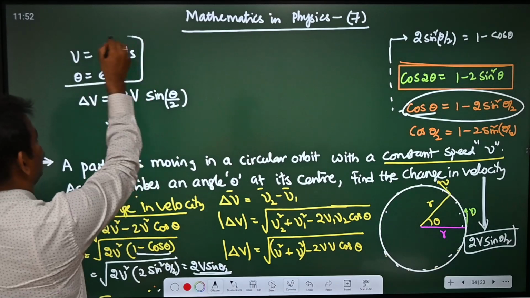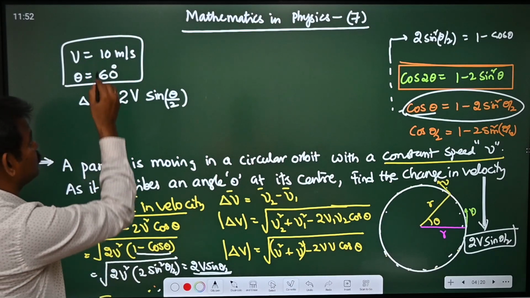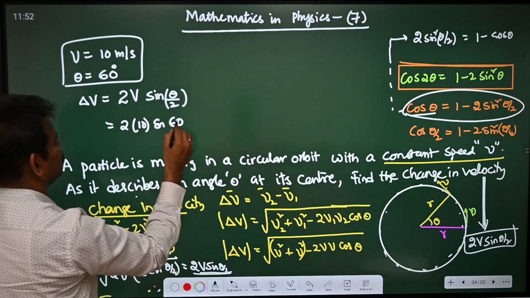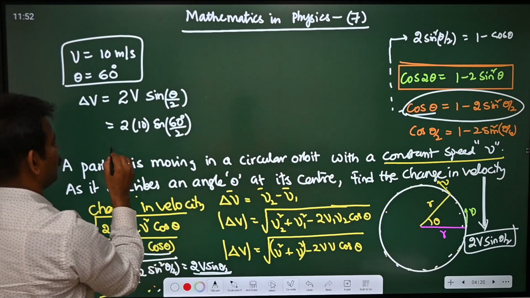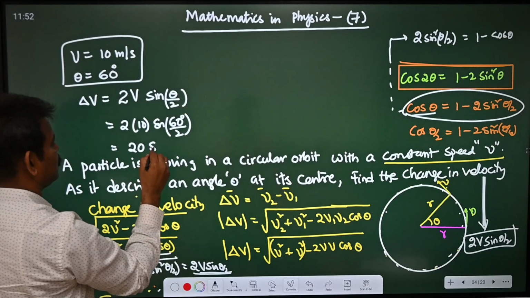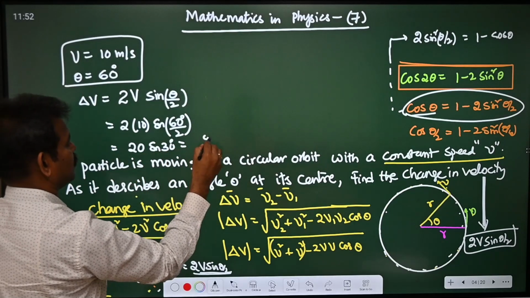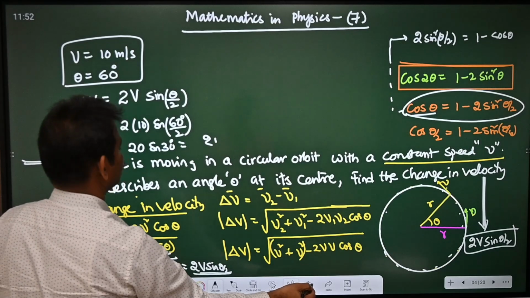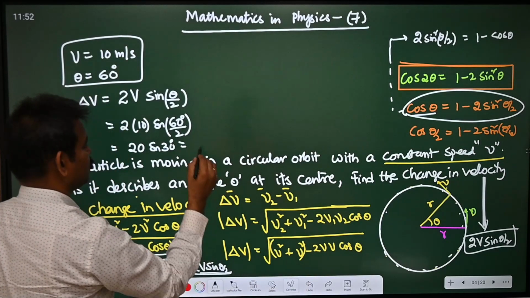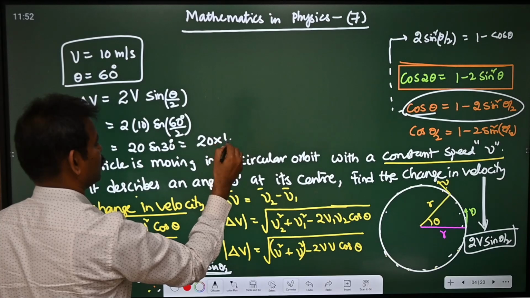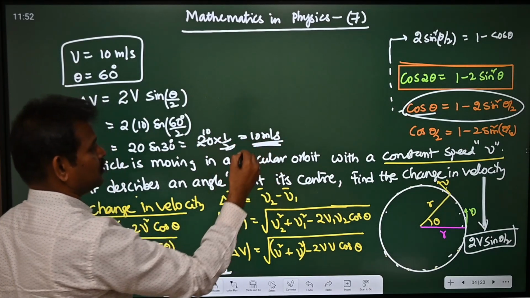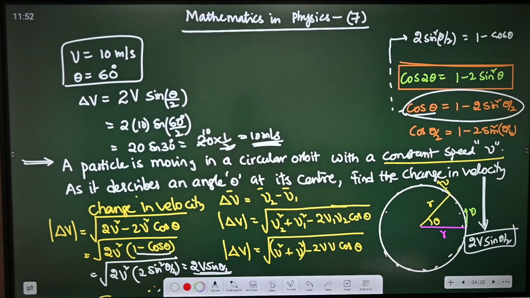We know the data here, the velocity magnitude is 10, so 2 into 10 sine 60 degrees by 2, 2 10s are 20 sine 30 degrees, that is 20 into sine 30 is 1 by 2, so we can use 20 into 1 by 2, so answer is 10 meter per second. This is the changing velocity.